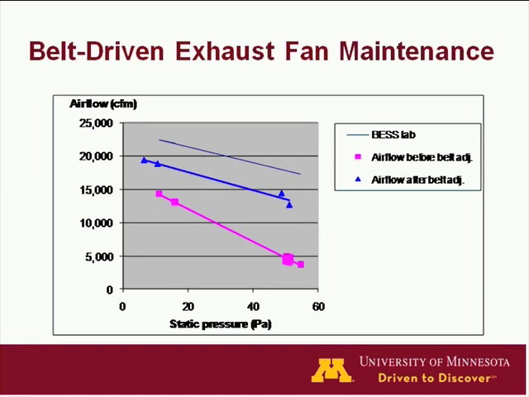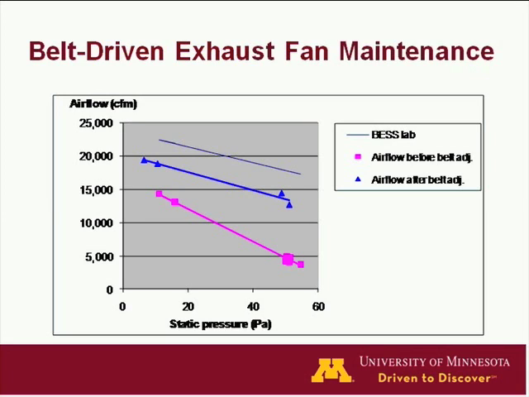The blue BEST Lab number is up above there. That's what the BEST Lab says this fan was capable of moving, so right around 20,000 CFM at the operating range.